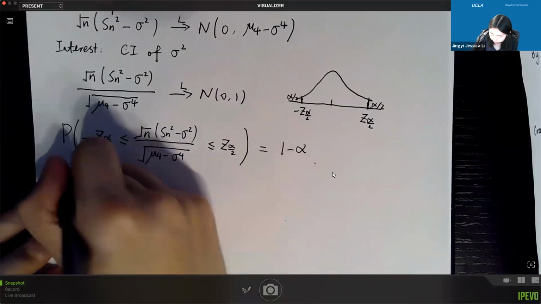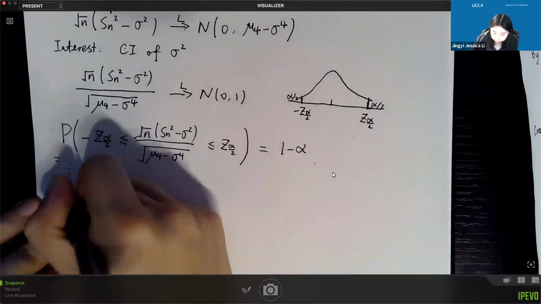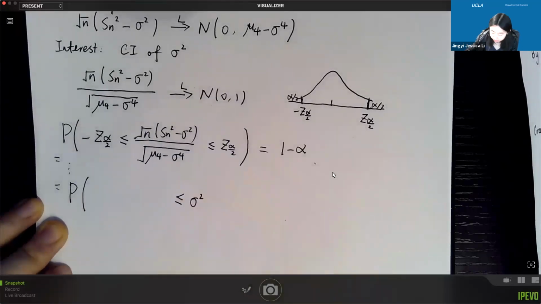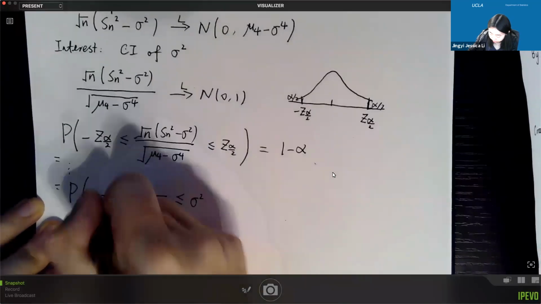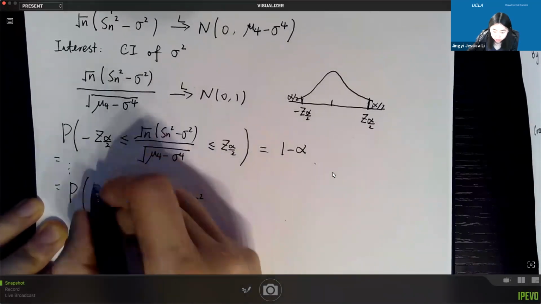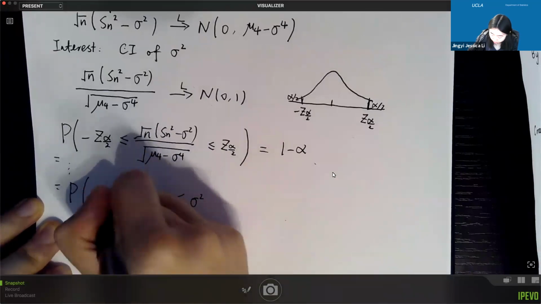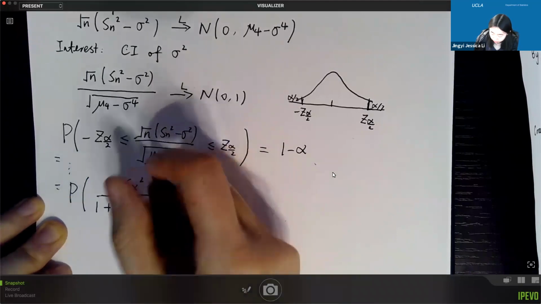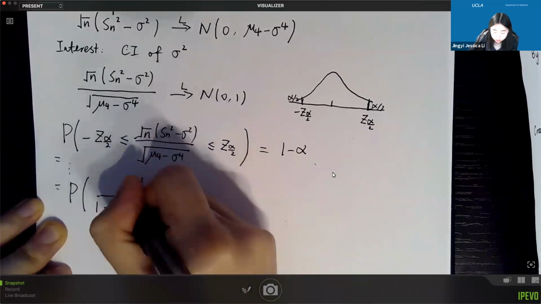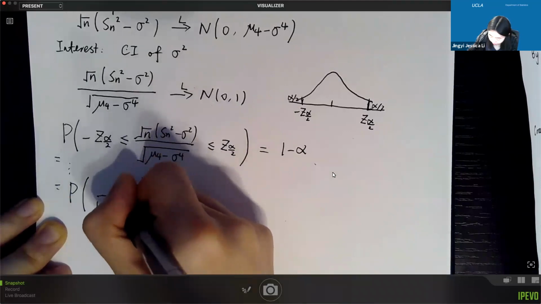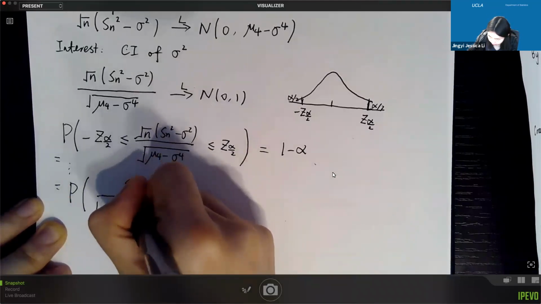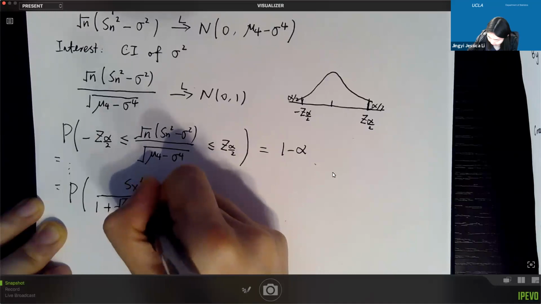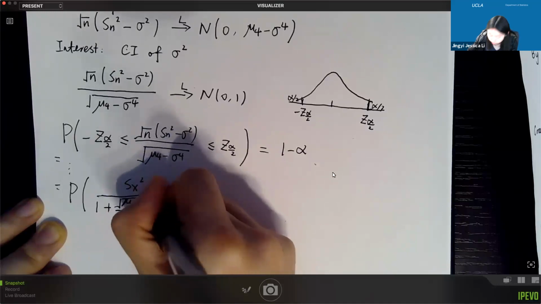By some algebra, sigma squared is in the middle, and the left-hand side becomes Sx squared divided by 1 plus z alpha over 2 over root n times the square root of (mu4 over sigma fourth, this ratio, minus 1).